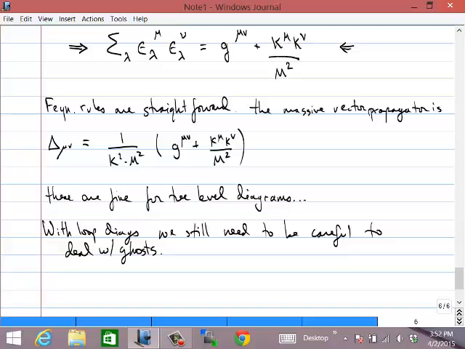The point being that we now have a field that's transforming non-trivially under these gauge transformations. And so that means that you still need Fadeev-Popov ghosts, but the dynamics of these Fadeev-Popov ghosts is going to be a tiny bit different in order to account for the fact that you now have a vacuum expectation value that's breaking your gauge symmetry.